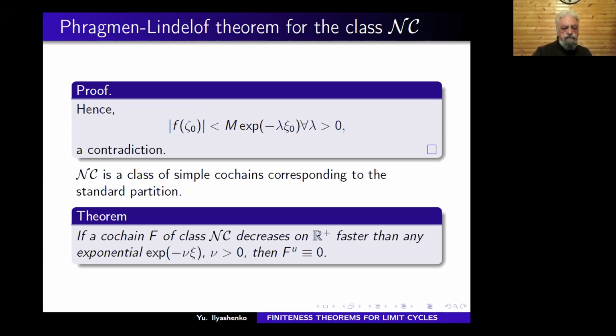So I consider a particular class of simple cochains, class NC, like normalizing cochain. Those that correspond not to the product of partitions, but to a standard partition only. And the theorem whose proof I will sketch claims that if a cochain F of class NC decreases on the real axis faster than any exponential, then its upper component is 0.